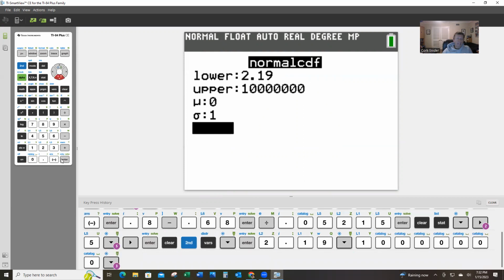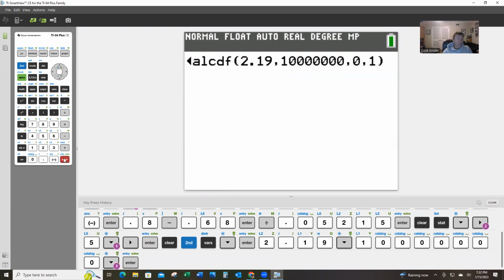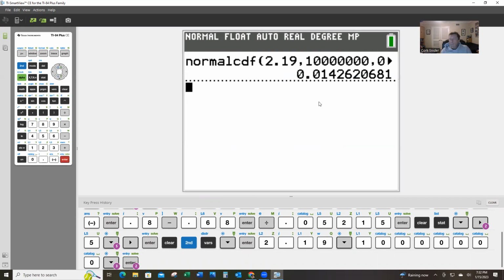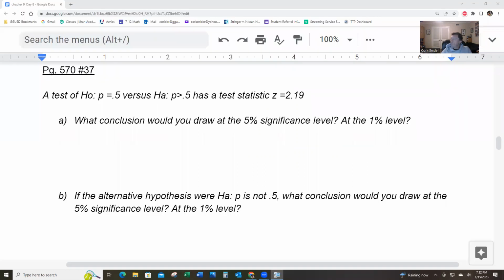And that is going to be the p-value. Do you remember how to do that? So that comes out 0.0143. Go to 4 spots. 0.0143. Remember that? What conclusion do we draw at the 5% level?